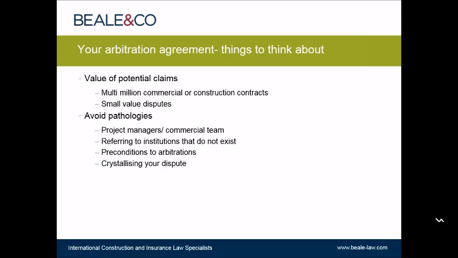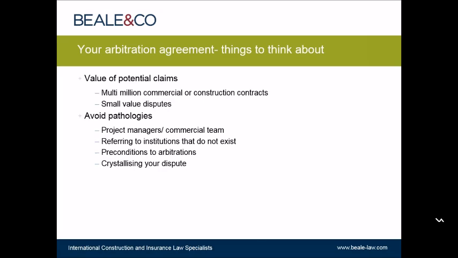Your aim when drafting your arbitration agreement is to avoid pathologies and ensure the enforceability and operability of your arbitration agreement. We often see in construction contracts that arbitration agreements are drafted by project managers or someone from the commercial team instead of in-house lawyers or external counsel.